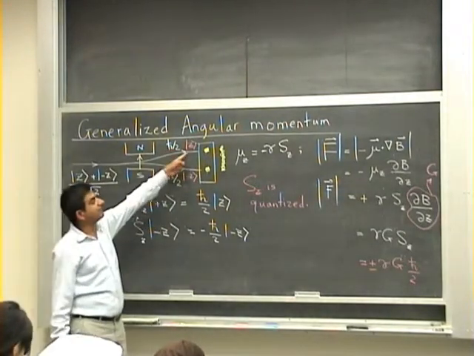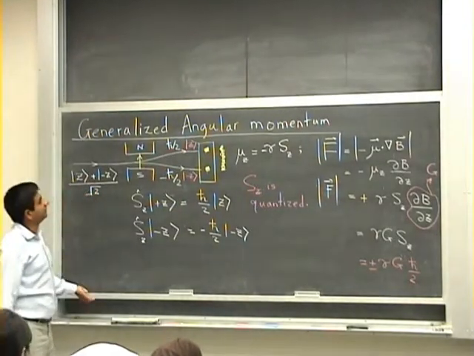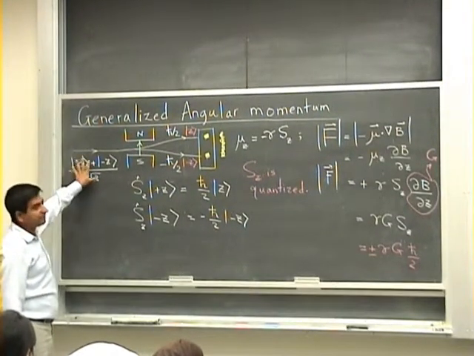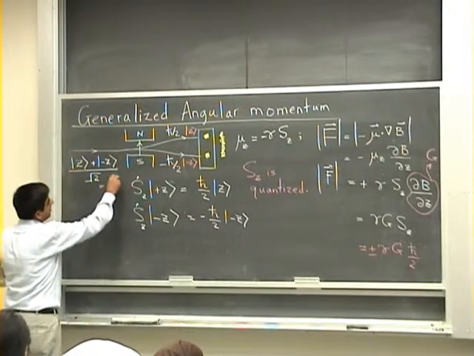Now what's the probability that the electron will end up here? You simply find your input state psi. Let's call this state psi.